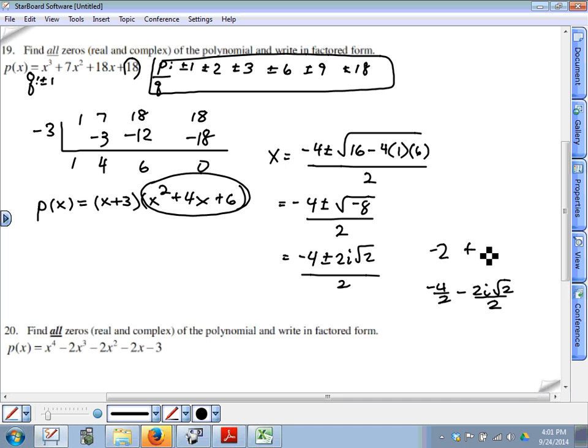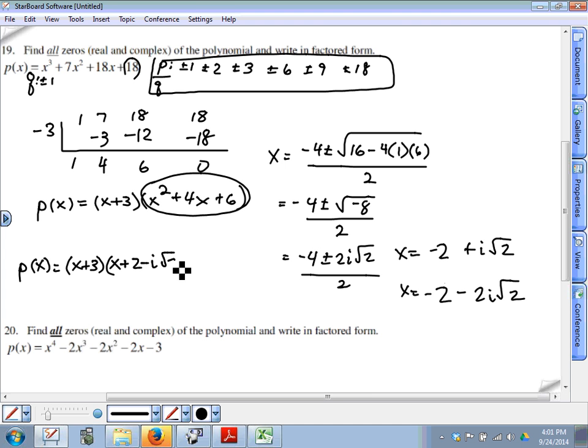So this is negative 2 plus I root 2, and the other is negative 2 minus I root 2. So the factors are x plus 3, and then x plus 2 minus I root 2, and then x plus 2 plus I root 2.